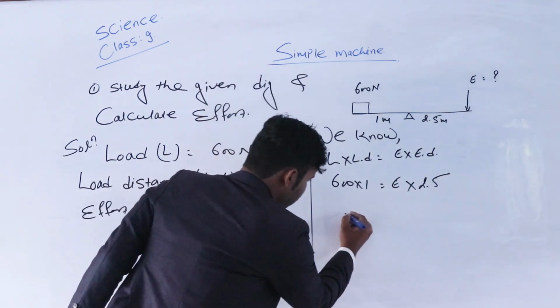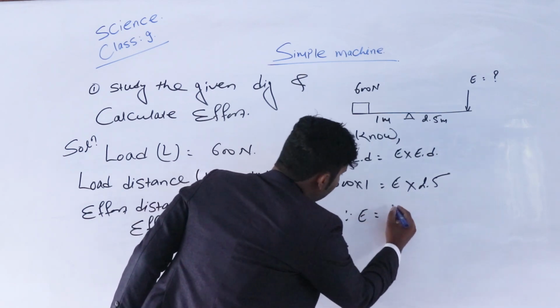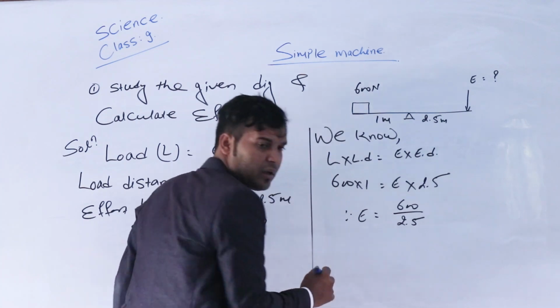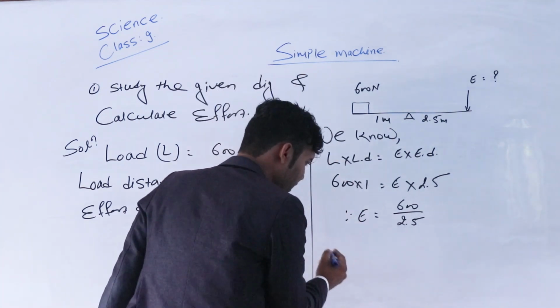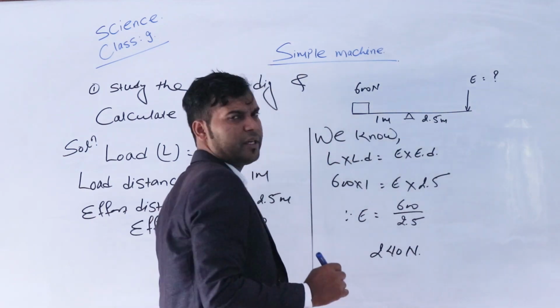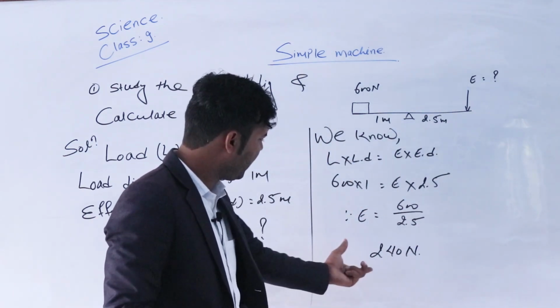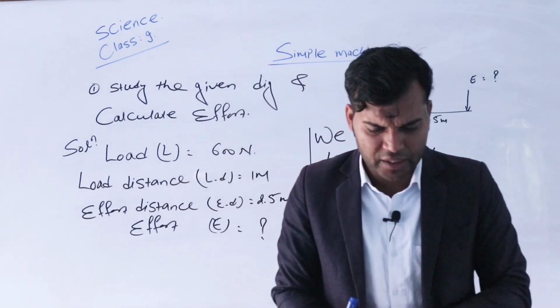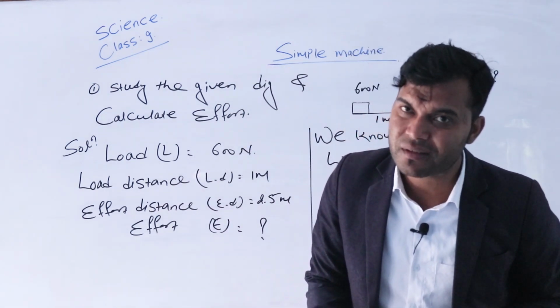Therefore effort is equal to 600 divided by 2.5, which gives 240 Newton. The value of effort is 240 Newton. I hope you are clear about this.